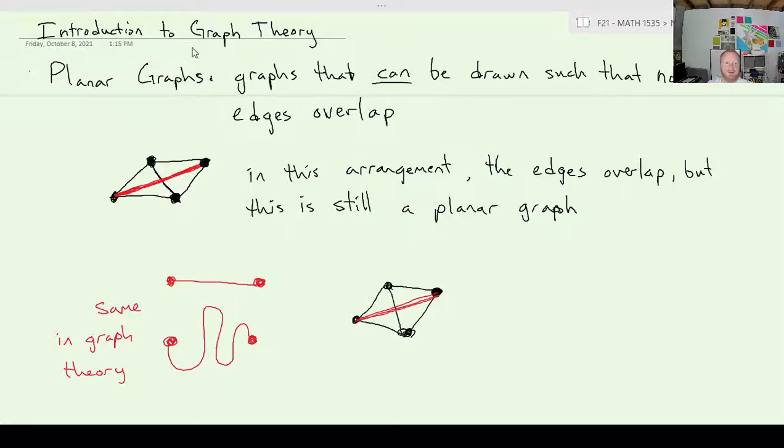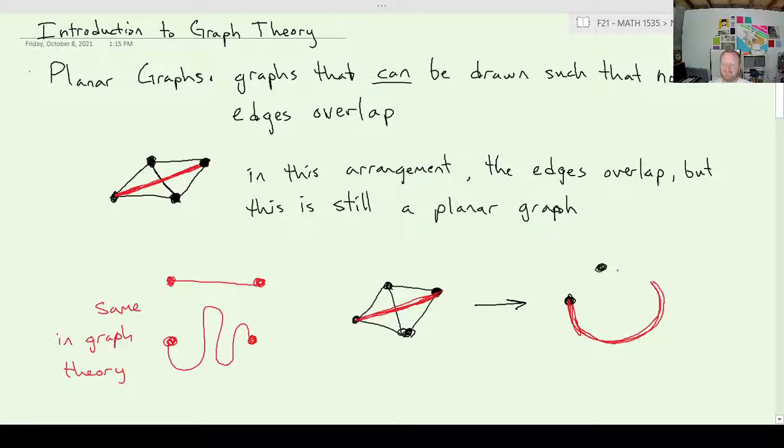We can convert that and just move this one edge so that it moves around the rest of the graph, and it won't overlap anymore.